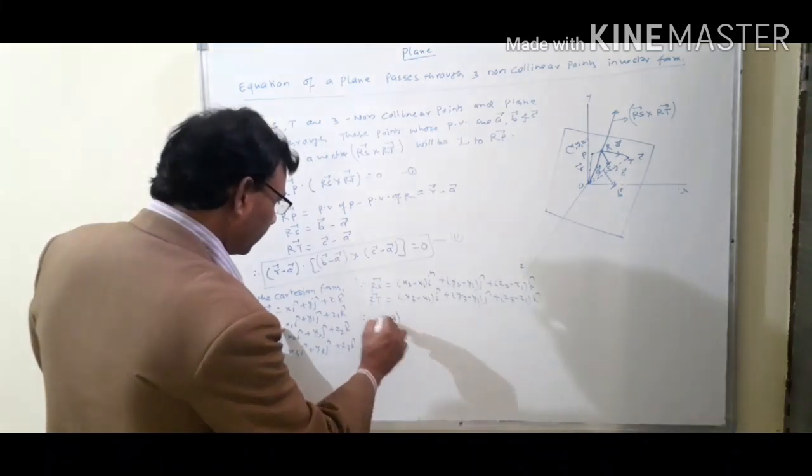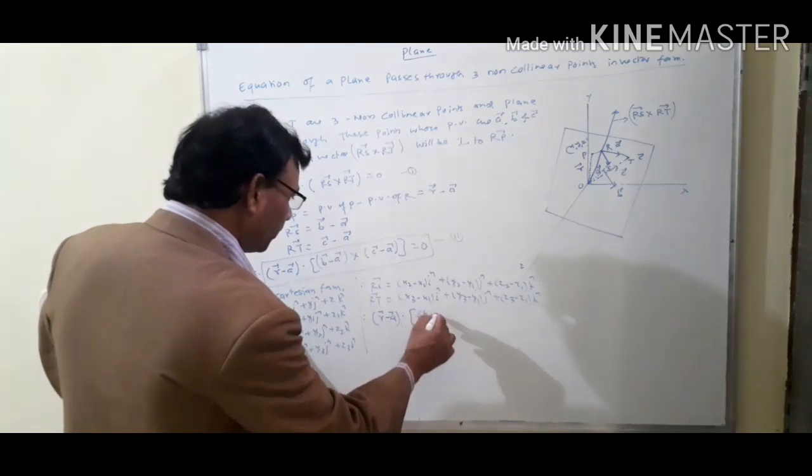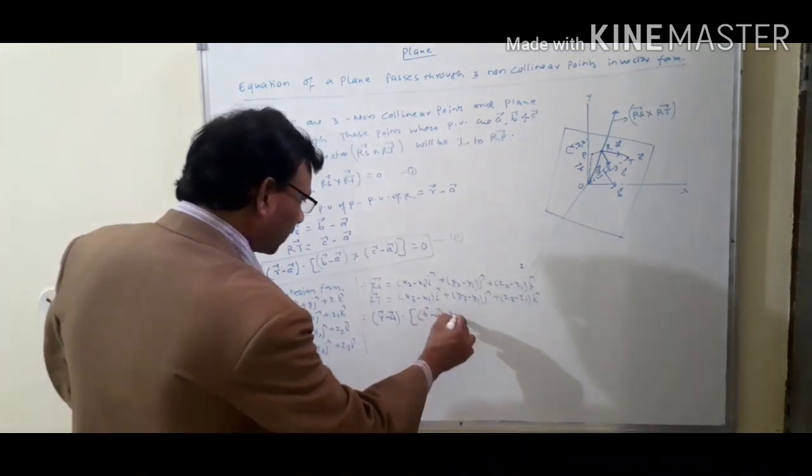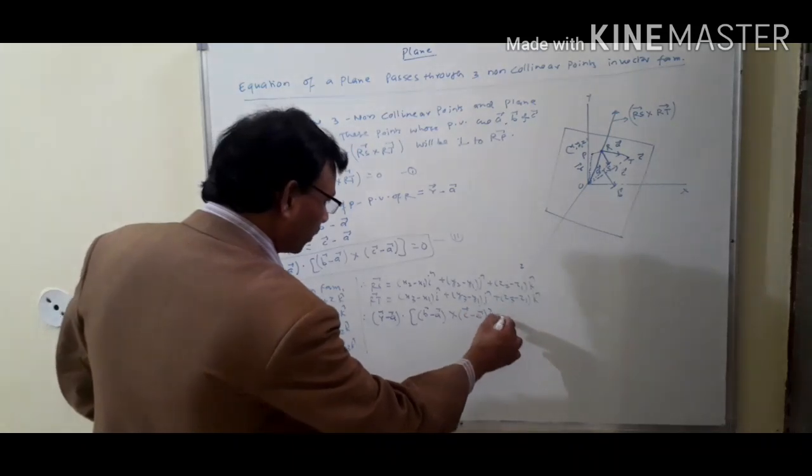Then r minus a dot b minus a cross c minus a equal to 0.